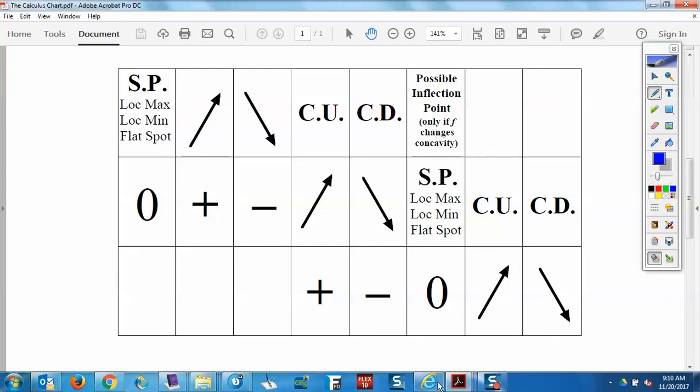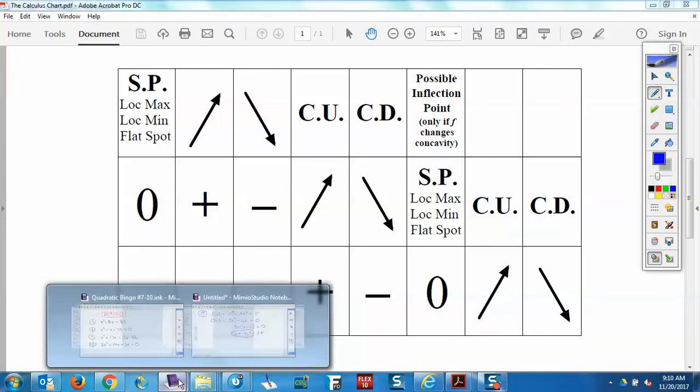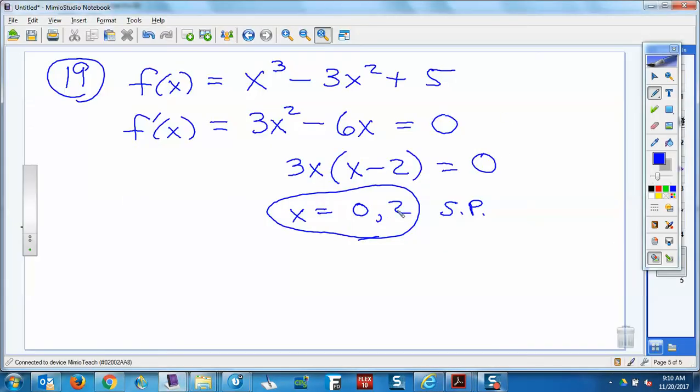Now, again, let's compare this to what we were doing when we were doing graphs. This is obviously a parabola. Now don't draw this, I wouldn't expect you to draw this. But basically, once I had my f prime, if this was a calculator problem, I could graph it, because this is what we're used to.